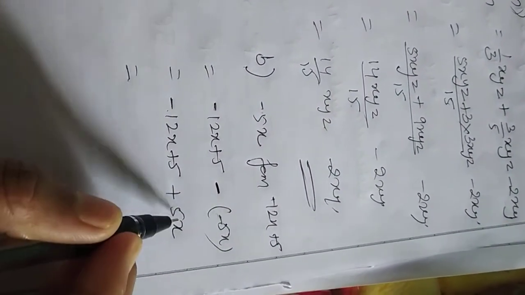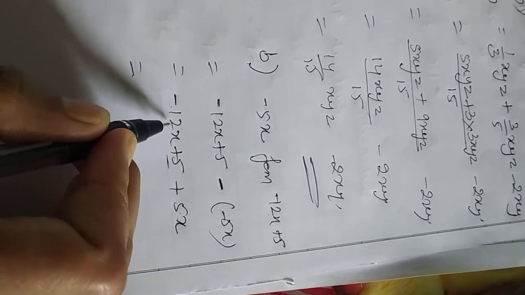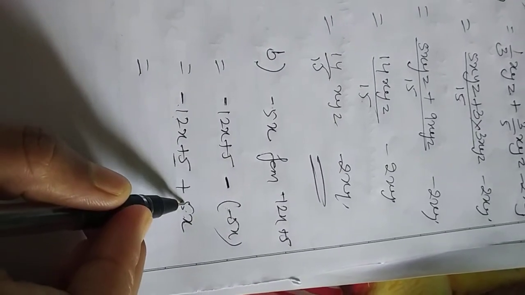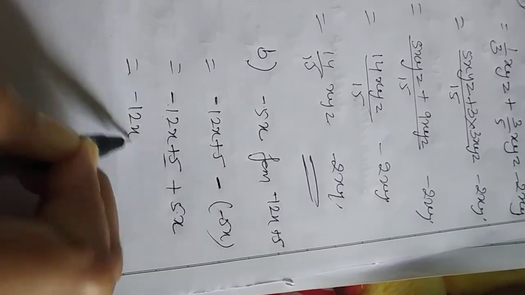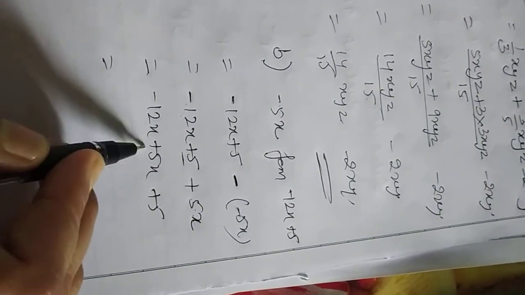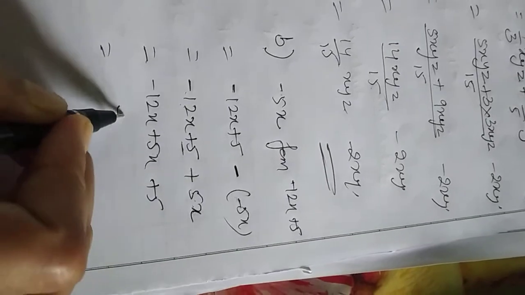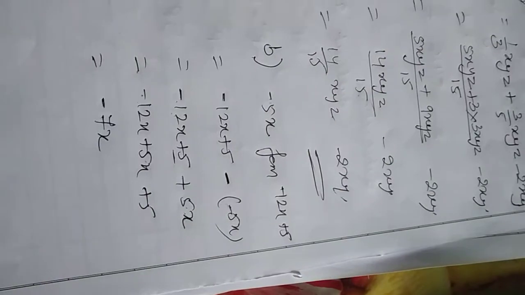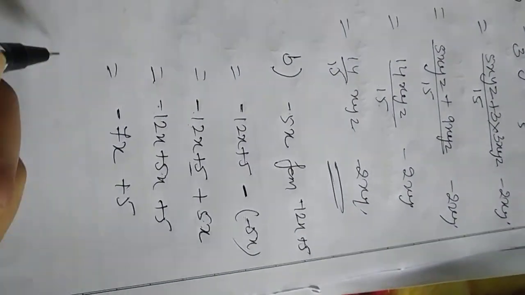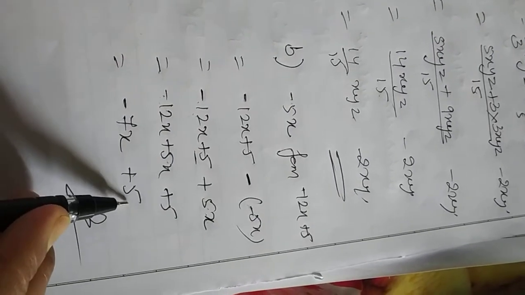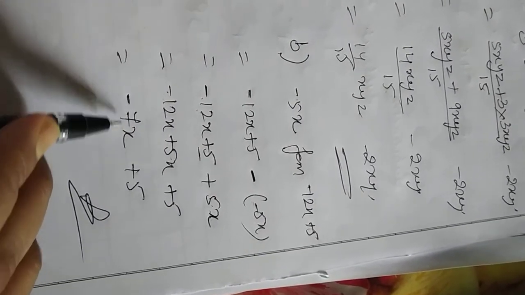So minus 12x plus 5x, or you can write the like terms together like this also. X terms together. Minus 12 plus 5, 7x. 12 is bigger than 5, so it has a minus sign, so we will give here minus sign. Okay, plus 5. We cannot add this 5 with this because it is a constant term and it is a variable term.